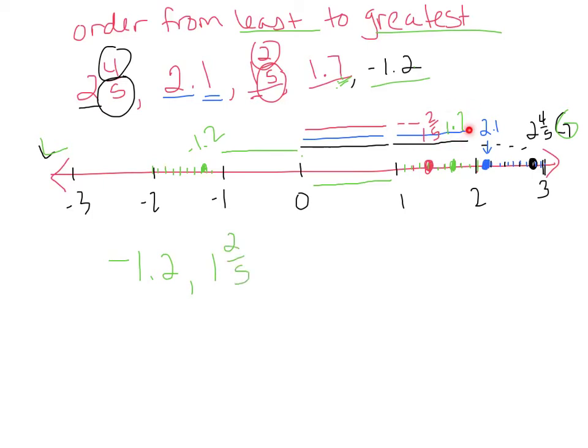And then the next one right there, 1.7. And then the next one right there, 2.1. And then the final one, 2 4/5. So it's done for me. So knowing how to just plot them on a number line does the work for me. So that's how you would handle questions like that.